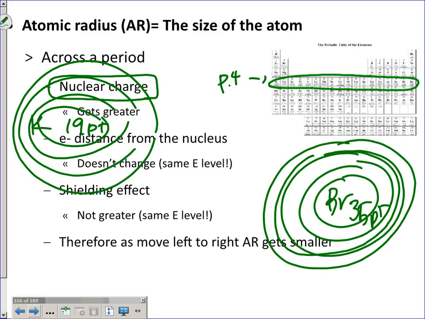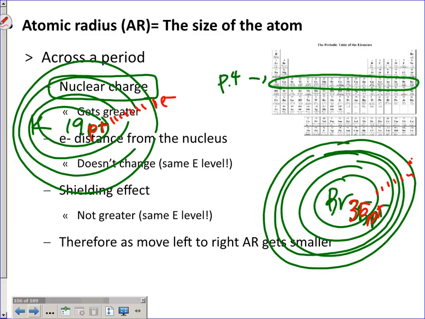Okay, so the story here is the same number of energy levels. I know that there are different valence electrons out here, but what's really happening is the nucleus is trying to maintain some attraction. So the protons here are trying to attract their outside electrons, their valence electrons. Same thing here, 35 protons attracting the outside electrons. Who do you think is going to do a better job of that?